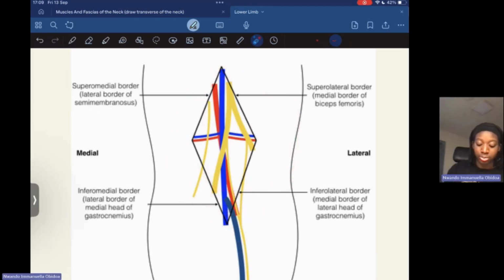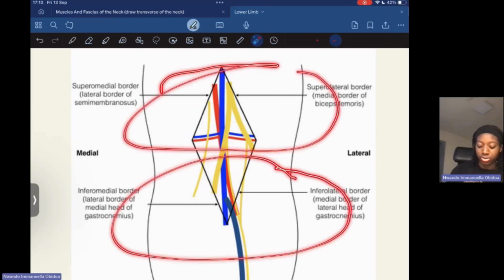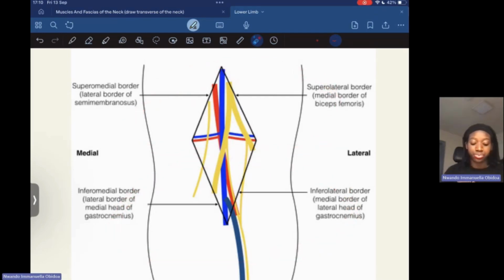So you'll have your femur up here, and then your tibia and fibula down here. So this border here is the semimembranosus. You'll find the semimembranosus, the semitendinosus here, and then the biceps femoris on your lateral side. And then here you can find the lateral head of the gastrocnemius, and then the medial head of your gastrocnemius.